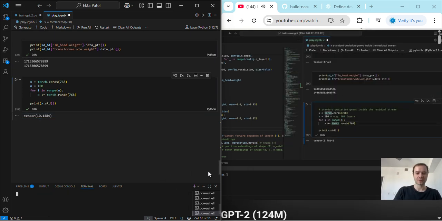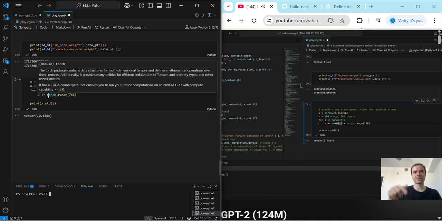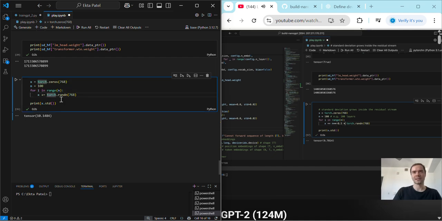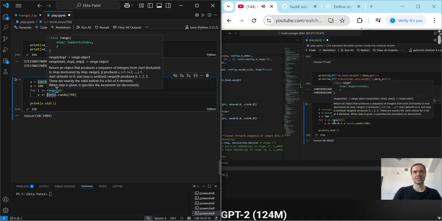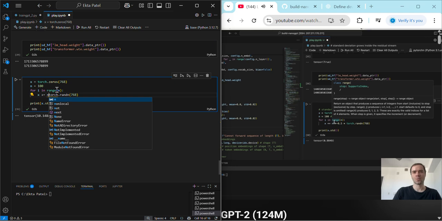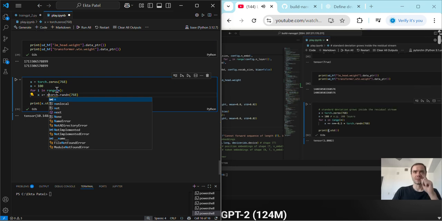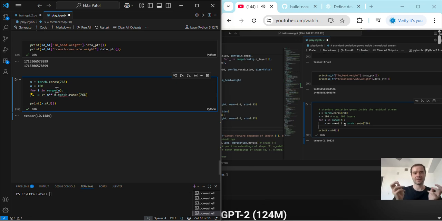So 1 over the square root of n is n to the negative 0.5, right? Because n to the 0.5 is the square root, and then 1 over the square root is n to the negative 0.5. If we scale it in this way, then we see that we actually get 1. So this is a way to control the growth of activations inside the residual stream in the forward pass.